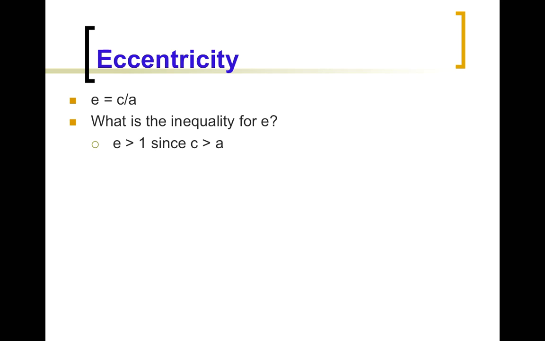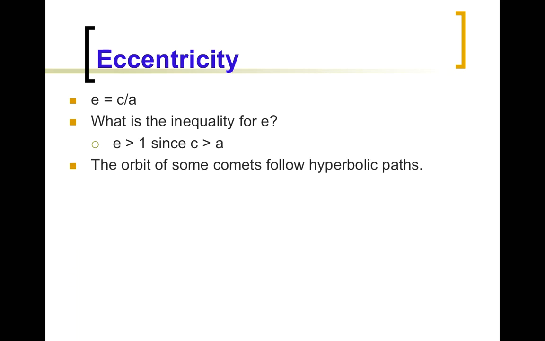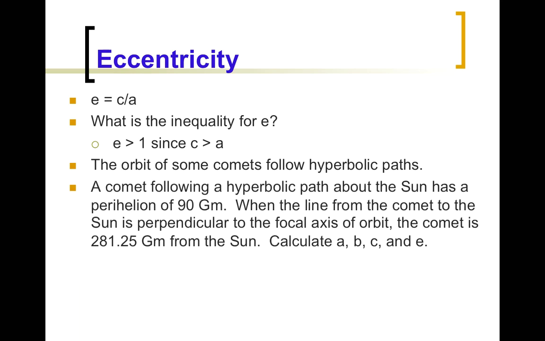And one of the studies of eccentricity really comes into play with orbits and the comets following hyperbolic paths. Means basically they're following a hyperbola. And here would be an example of that.